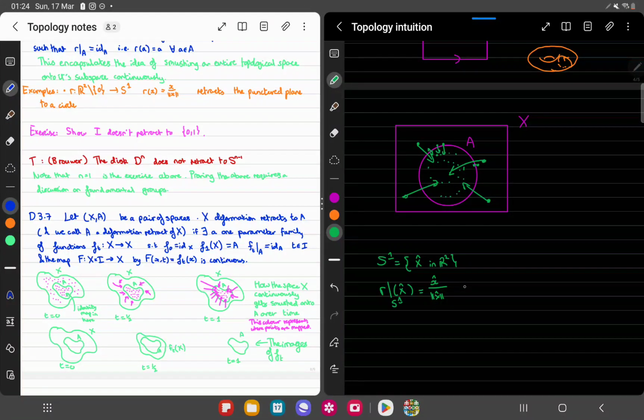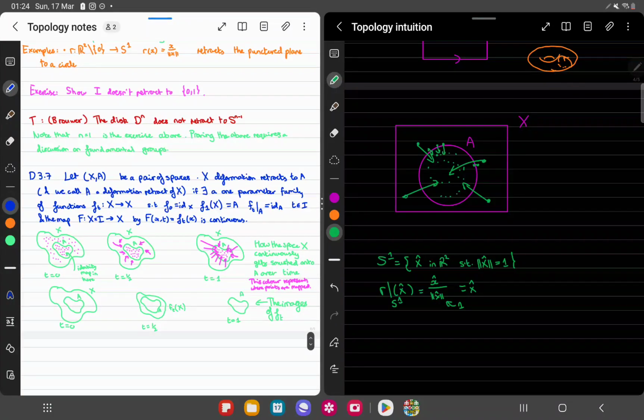But by assumption, because we're restricting here, these are the things that have unit norm, because they lie on the unit circle. So this is just 1 on the bottom, and restricting to this would just be an identity map. So yes, it is obviously a retract.